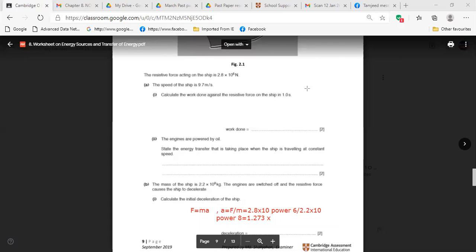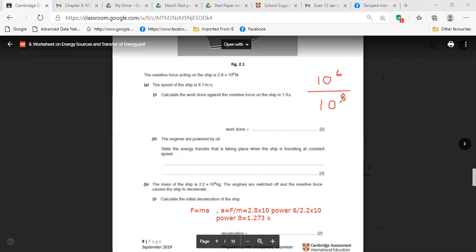Even you do not need a calculator. Here we have 10 to the power 6 and 10 to the power 8, only the power part I'm writing.